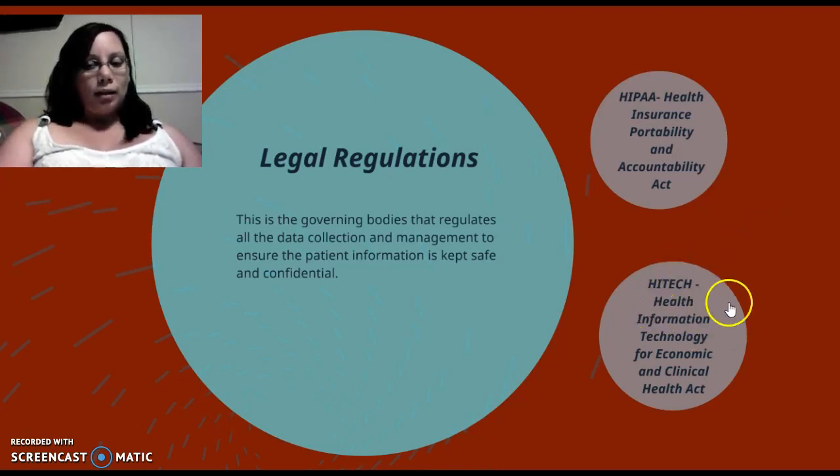This act right here actually helps protect patients and helps protect us as nurses. So that's really important too. Both of these acts are really important for our patients to know about and to understand.